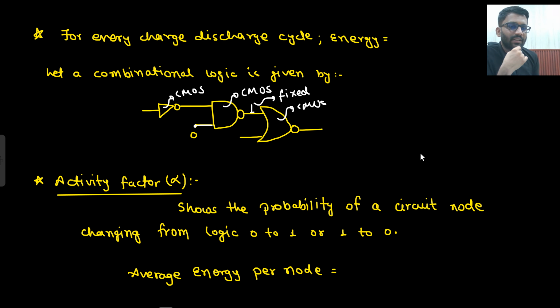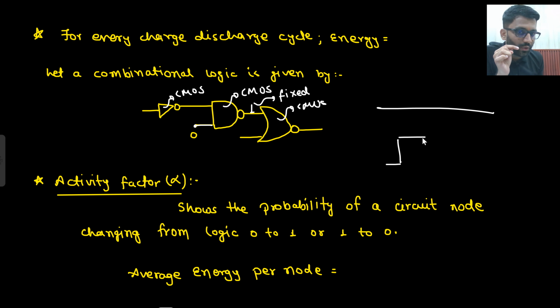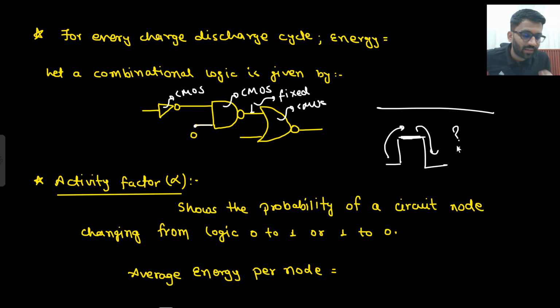So is the output changing? Output is always 1. The dynamic power comes into action when you are going from 0 to 1 and 1 to 0, when there is switching. When it was constant here, was there dynamic power? No. If my output here is constant, it is 1.